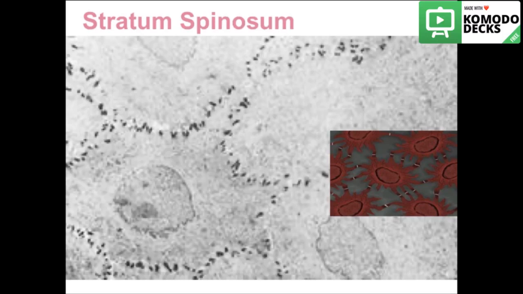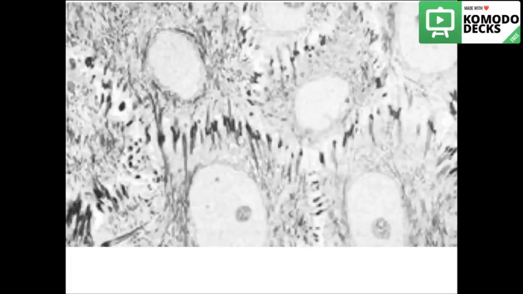The second layer after the basal layer is the spinosum, which is named for their spiny appearance, as we can see due to cell shrinkage and the desmosomes here. So the cells have a star-like spiny appearance. Very characteristic spiny appearance of the cells in the spinosum layer.